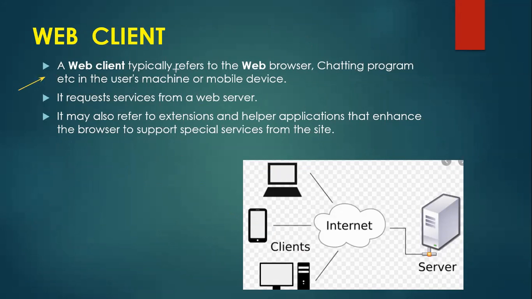A web client typically refers to web browser, chatting program, etc. in the user's machine or mobile device. For example, in most of the cases, we use Mozilla Firefox or Google Chrome as web browser. It requests services from a web server.